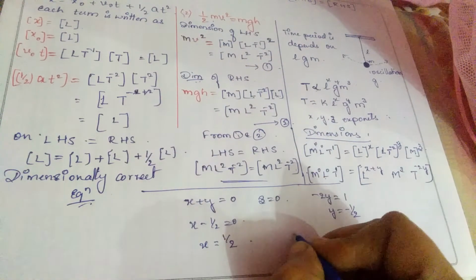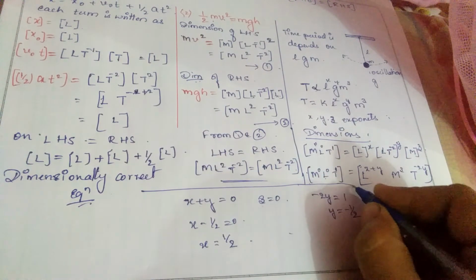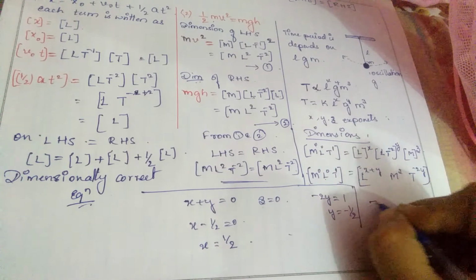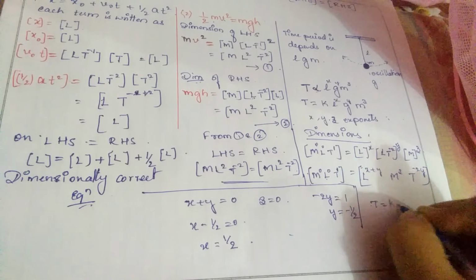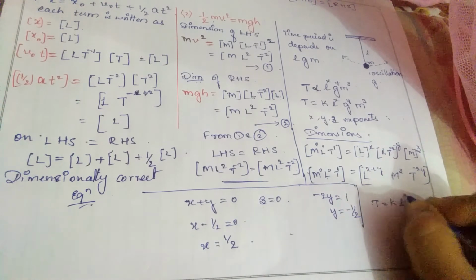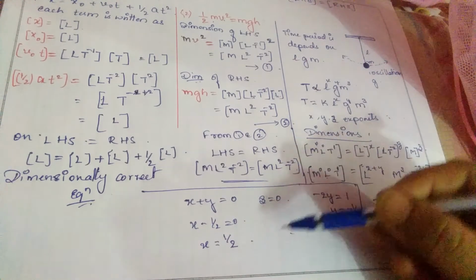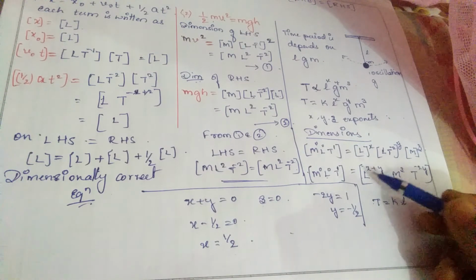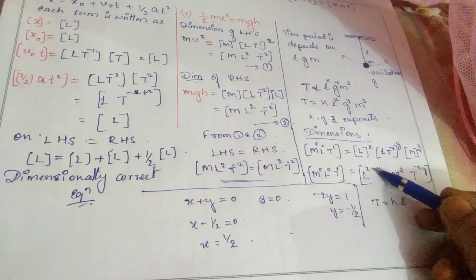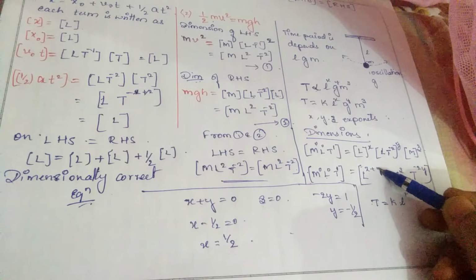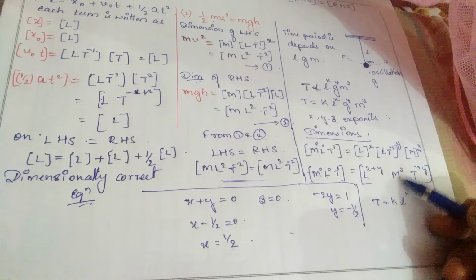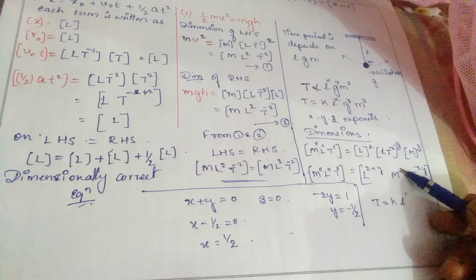Okay, that tells the dimensions of these values. So T equals k L to the power of 1 by 2. There are the y value and the x value. In this case L has x plus y, which is 0, because 1 by 2 minus 1 by 2 gives 0, and m is 0.